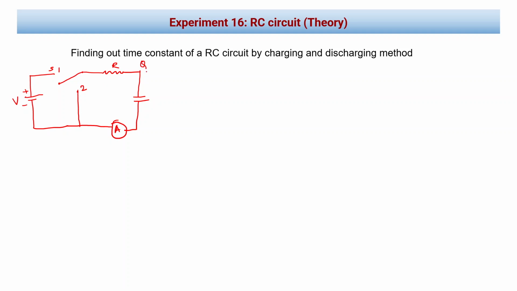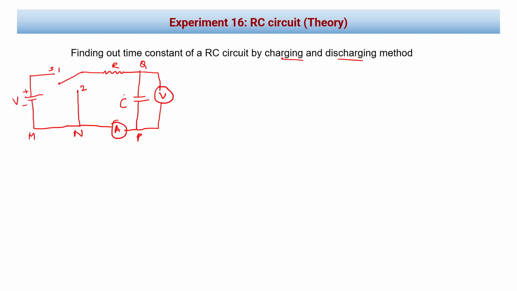Let's call this Q, and let's have a voltmeter across this capacitor, since we want to see the voltage drop when we are charging and discharging this capacitor. This is a capacitor, this is a resistor. They are connected in series.